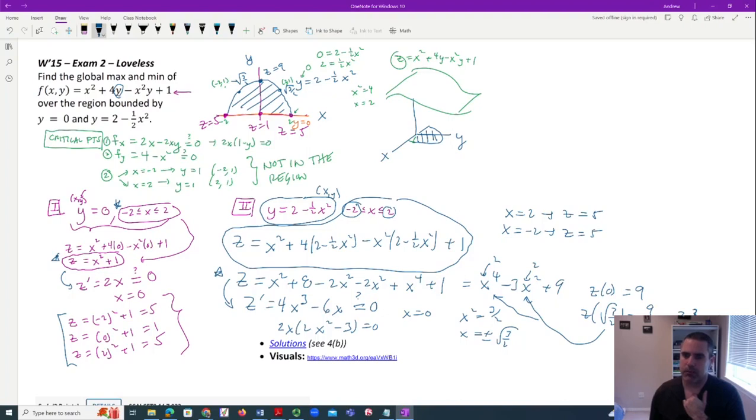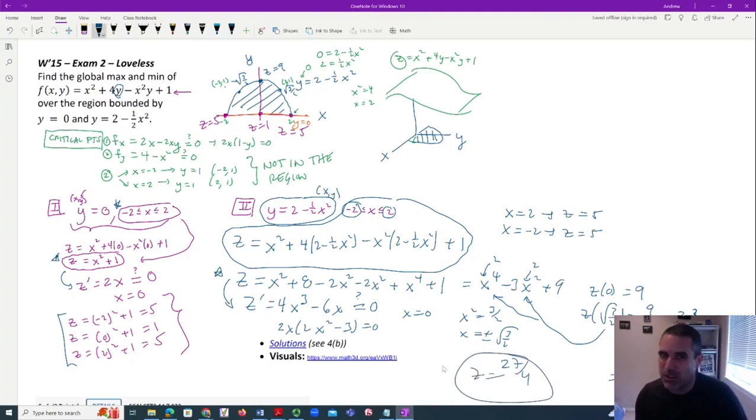So I think that's 9 fourths minus 9 halves plus 9. Let's make them all fourths: 9 fourths minus 18 fourths plus 36 fourths, which is going to be 27 fourths. 27 fourths is z at that point. I'm done.